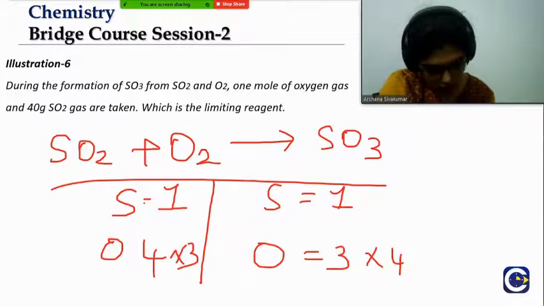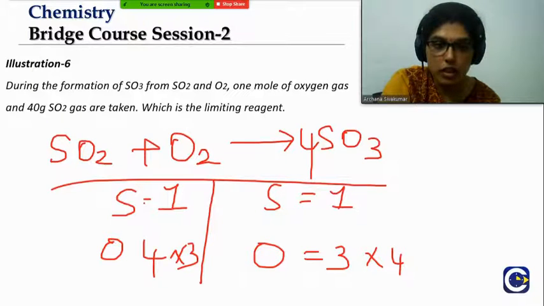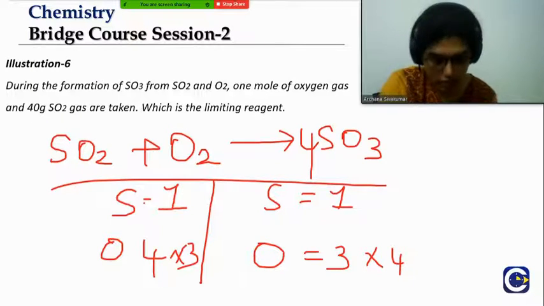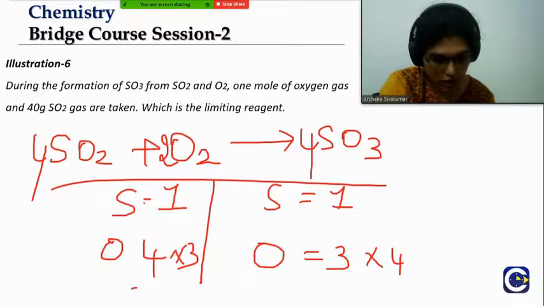So 3 means I write 4SO3. That means 4 sulfur is present, so I have to change to 4 sulfur here. Now I have 8 plus 2, so I need 2 more, so I will write 4. Now if you see, it is balanced.